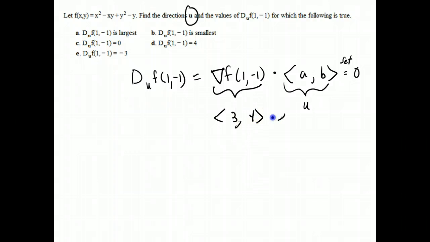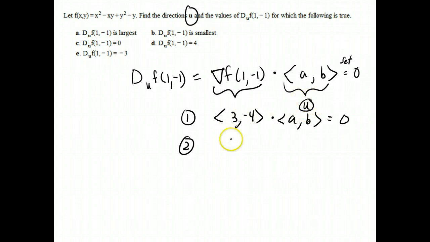So 3, -4 dotted with AB should be 0. That's one equation that you're going to get. Another equation that you're going to have to solve is the fact that it is a unit vector. So a squared plus b squared better be equal to 1. And now it's your job to solve these two equations.